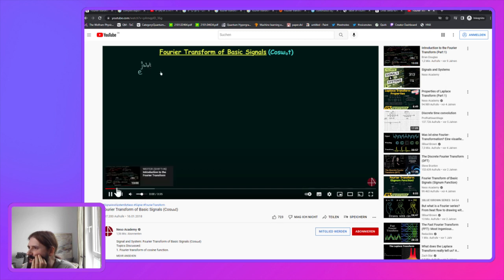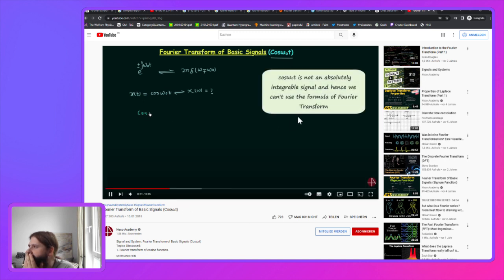Calculated the Fourier transform of e power j omega naught t, and we found the Fourier transform. So let's see how we can calculate the Fourier transform X omega. We can write cos omega naught t as half of e power j omega naught t plus e power minus j omega naught t.